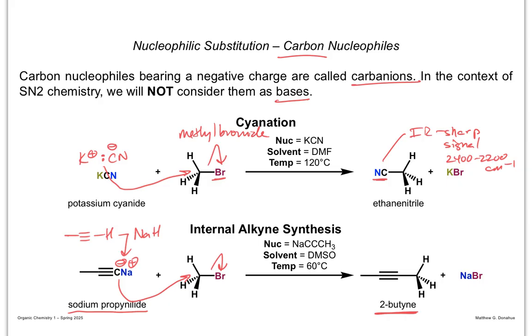Again, for each of these reactions, notice I've just given some general conditions. So DMF, 120 degrees, DMSO, 60 degrees. A lot of these SN2 reactions do require some heat. Unless you have a really strong nucleophile-electrophile pair, a lot of them don't really take place at room temperature, which is 25 degrees, again, in Celsius.